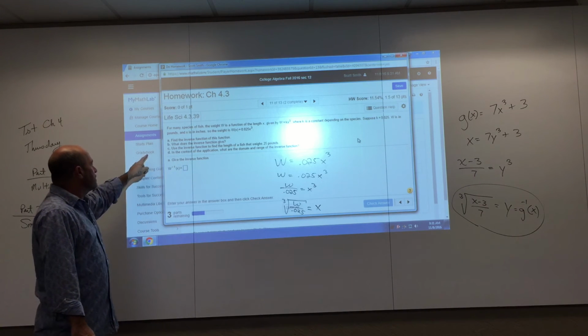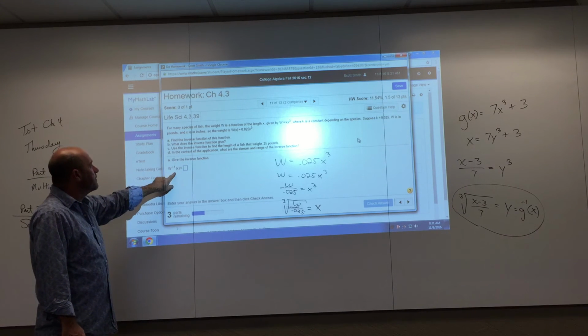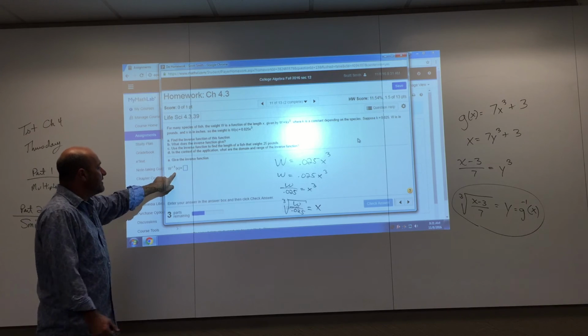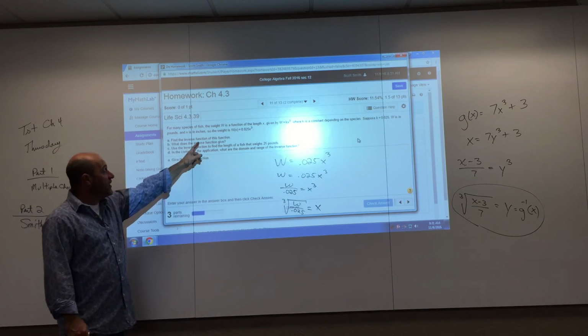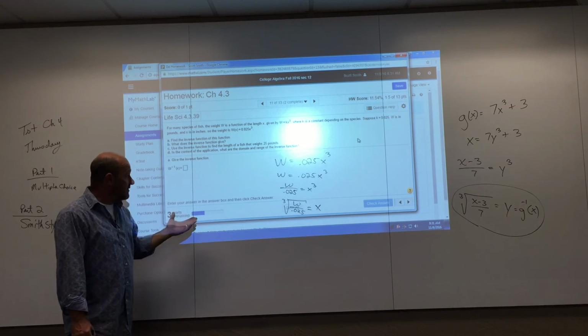Find the inverse of this function. All right, that's it. And they do want me to type an X in there. What does the inverse function give?